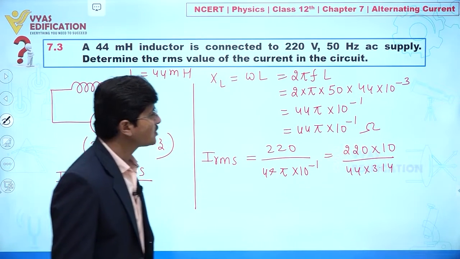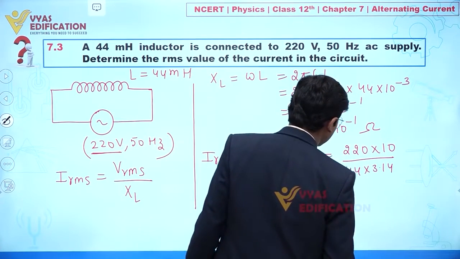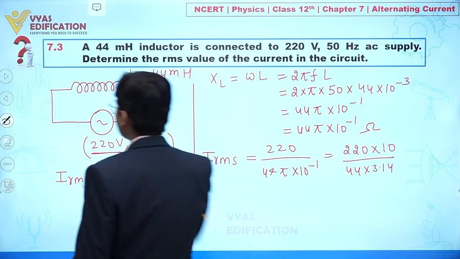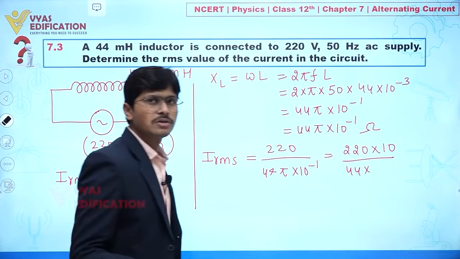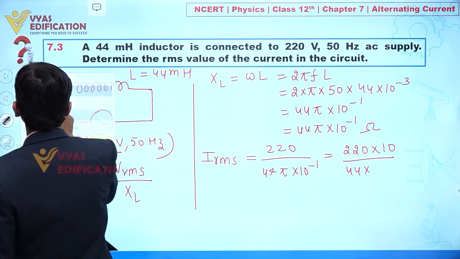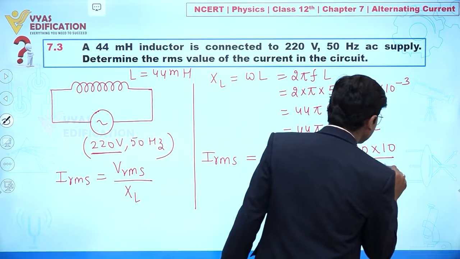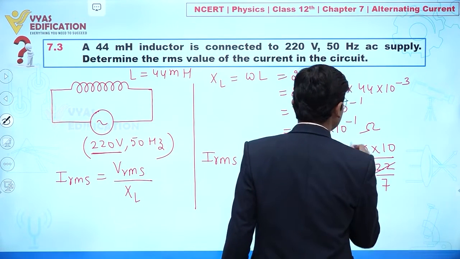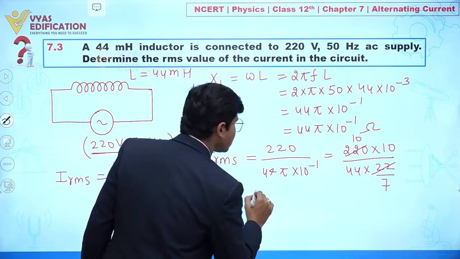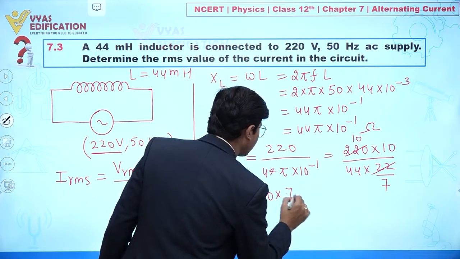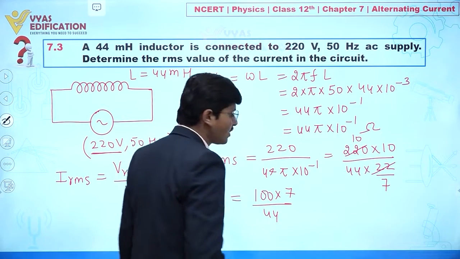So how can we solve it? Actually instead of 3.14 you can write 22 by 7, so that the calculation becomes comparatively easy, clear. So I can say this is equal to 22 by 7. Now you can say this is equal to 10, clear. So we can say this is equal to 100 multiply 7 divided by 44, clear.